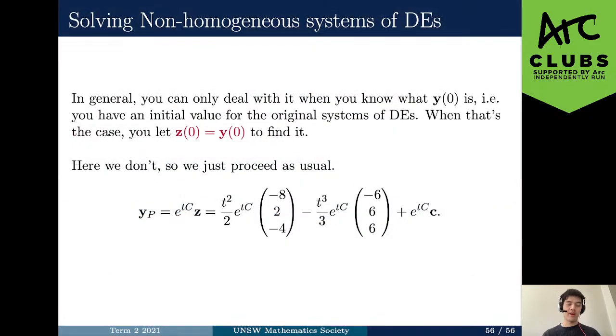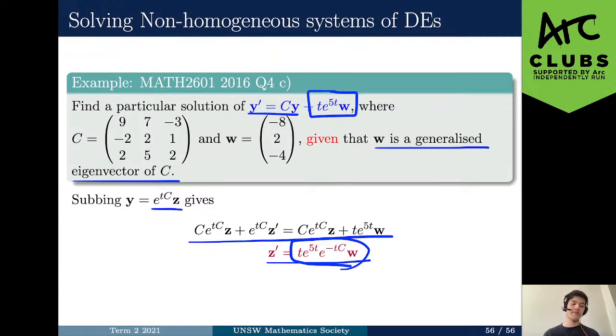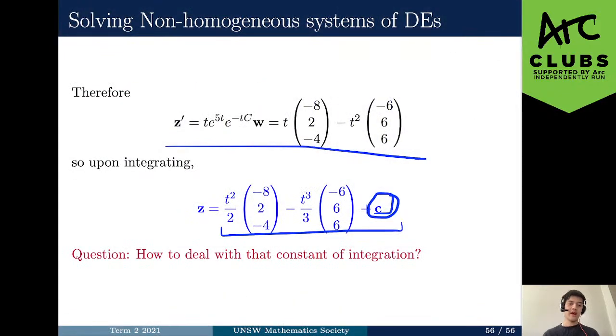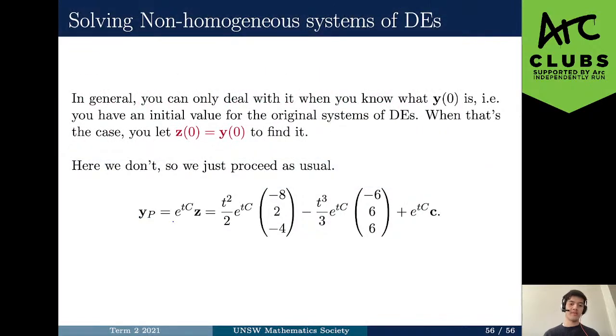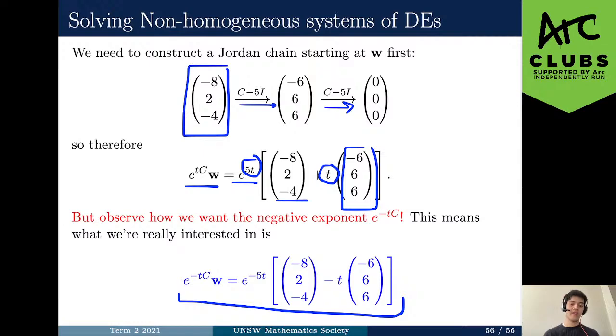But actually one more problem, this is a very tedious thing to do because we've solved for z, but we haven't solved for y. y is actually e to the tc times z. So we have found z, now I need to find e to the tc multiplied by z. So we get this, and again we need to multiply these matrix exponentials. But we already realized from before that this is a generalized eigenvector and this is an eigenvector.